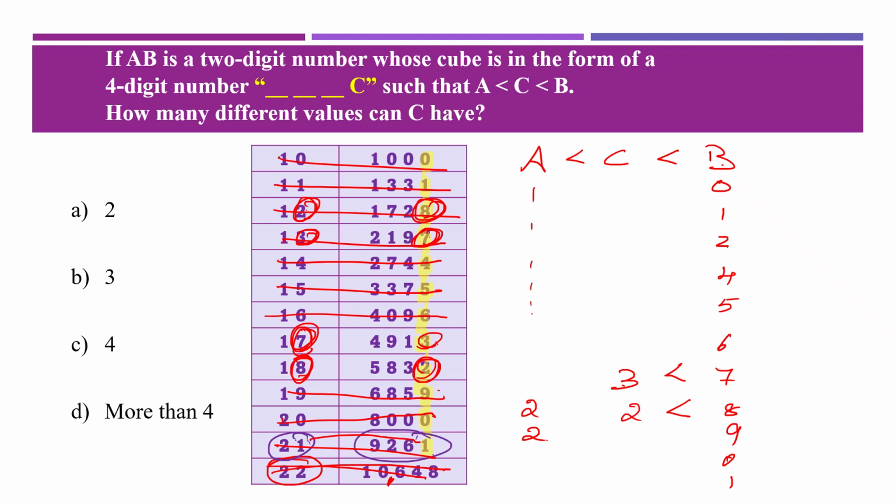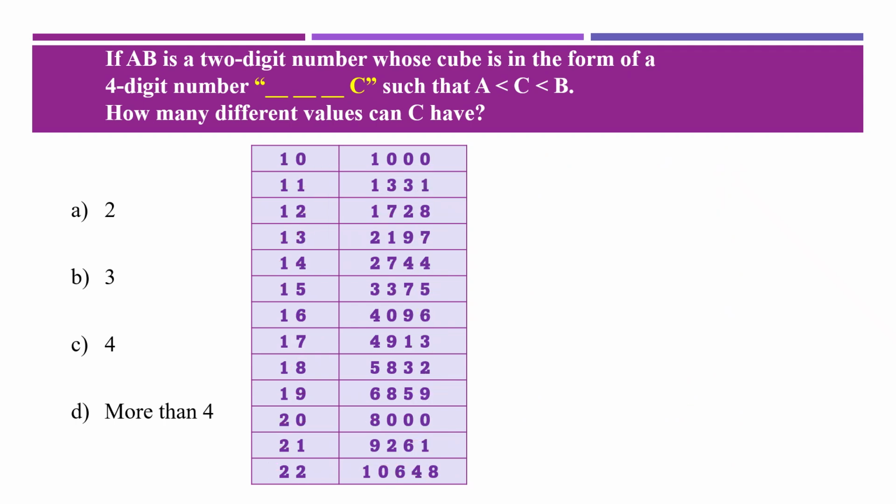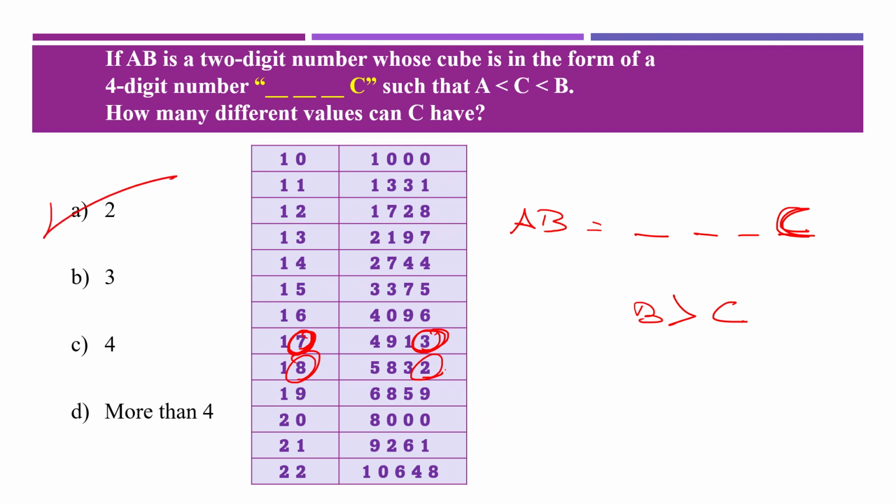So we have two such numbers which satisfy the given condition: AB, a 2-digit number whose cube has 4 digits and ends with C, where B is greater than C. At the same time, here it's the same again, B is greater than C. So we have two such numbers. So I go with option A.